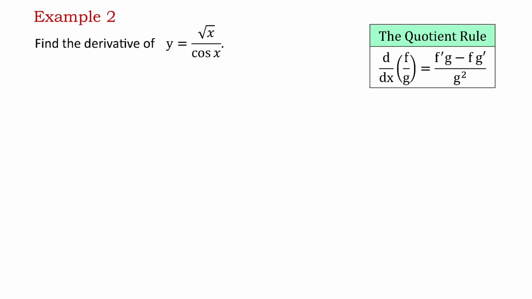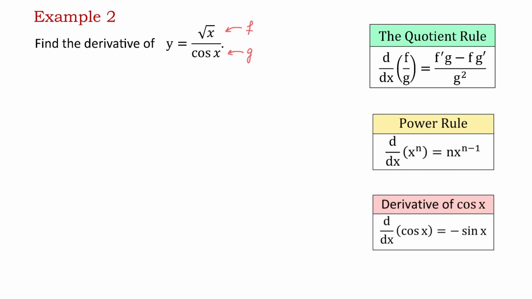In the second example, we will find the derivative of y equals square root of x over cosine of x. This is another quotient, so let the numerator be represented by f and the denominator by g. To find this derivative, we will also need the power rule and the formula for the derivative of cosine of x.